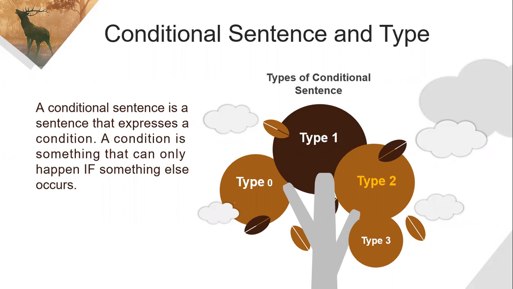Syarat apabila terjadi sesuatu itu apabila yang lain terjadi. A condition is something that can only happen if something else occurs. Occurs means happen. So it depends on other things or another sentence.